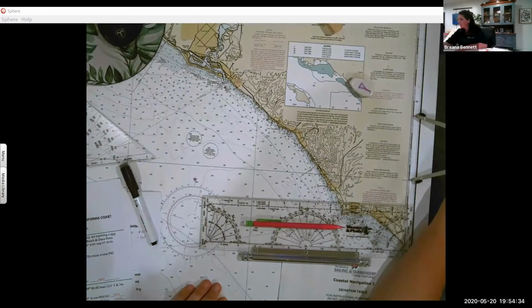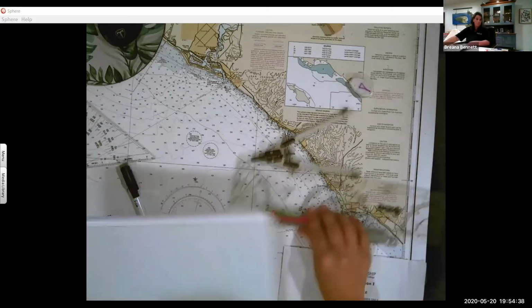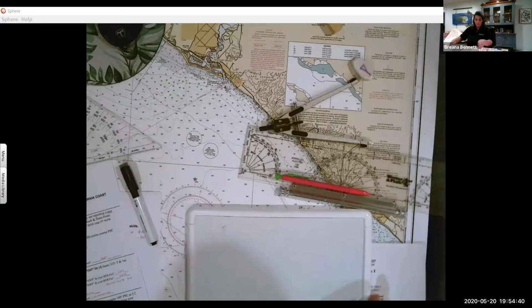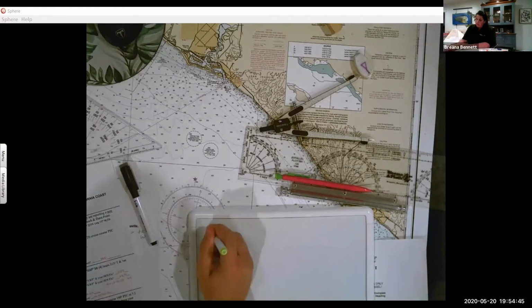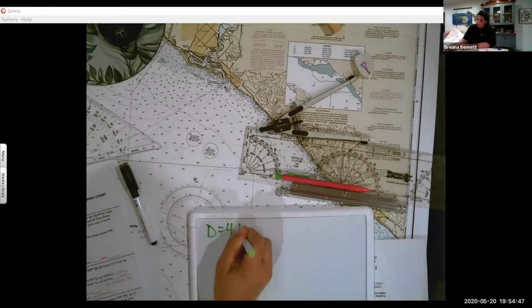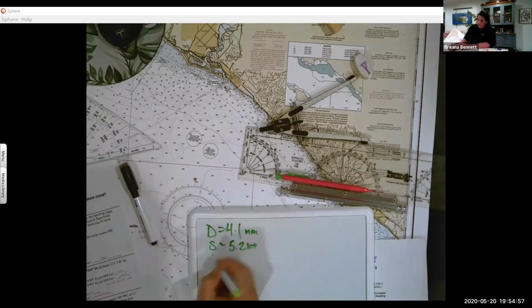The distance of 4.1. Distance is 4.1. Speed is 5.2. What is the time?